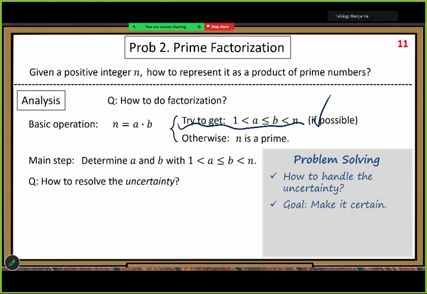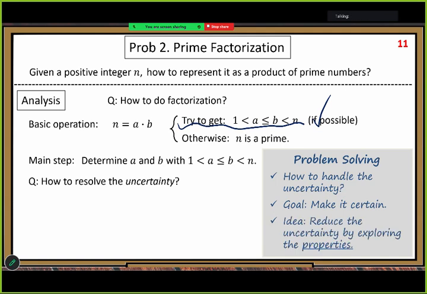So the goal: make it certain. That means we want to reduce the uncertainty. Uncertainty is not friendly; it makes our problem harder. To simplify our problem, we want to reduce the uncertainties.